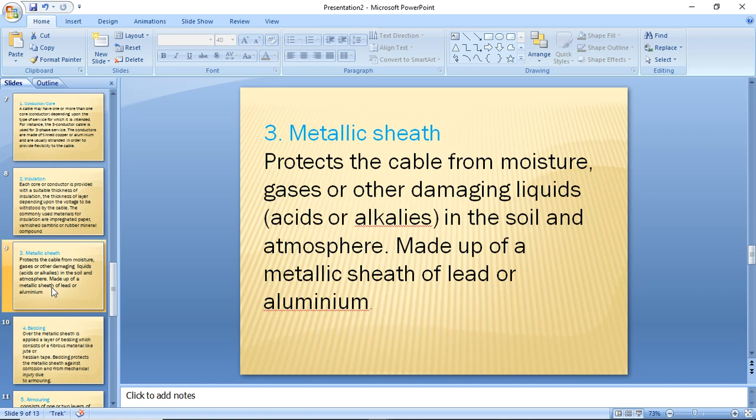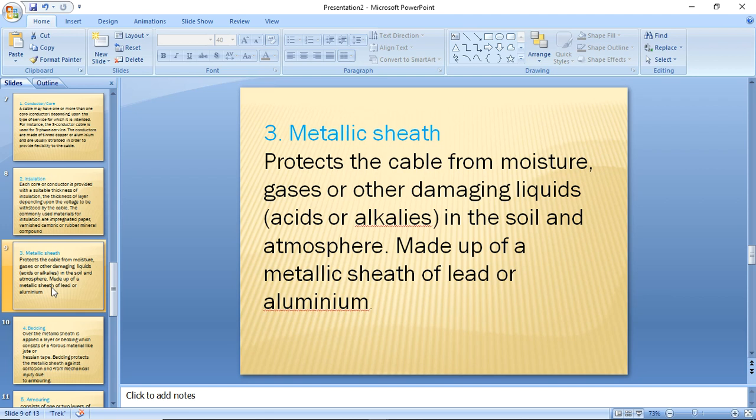Point number 3 is the metallic sheath. It protects the cable from moisture, gases, or other damaging liquids, acids, or alkalis in the soil and atmosphere.